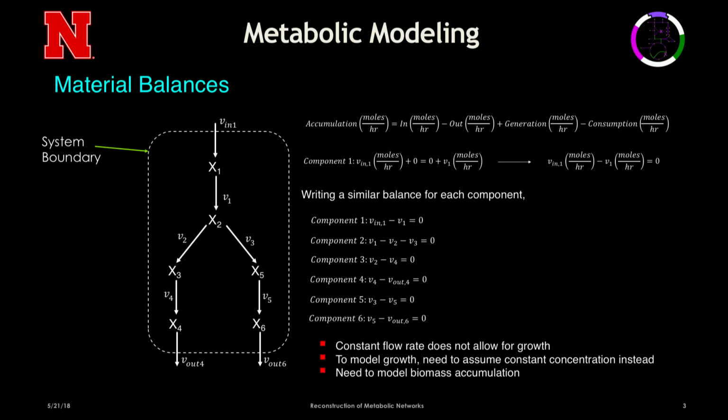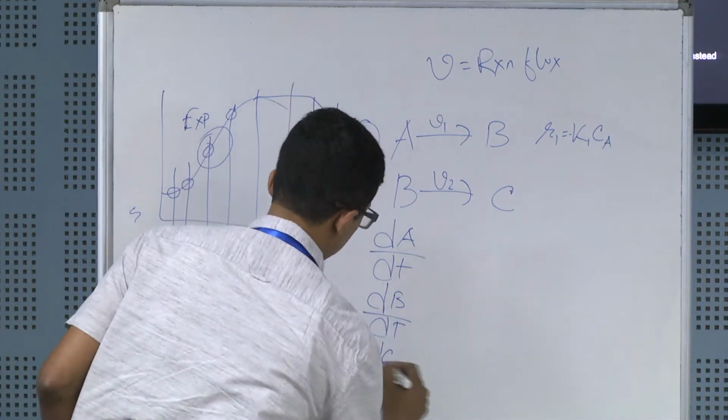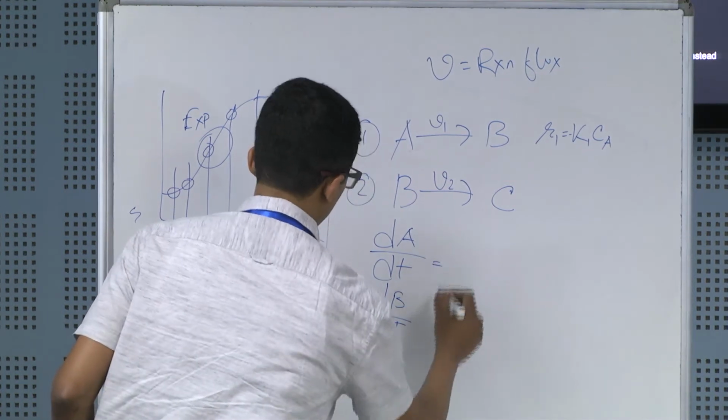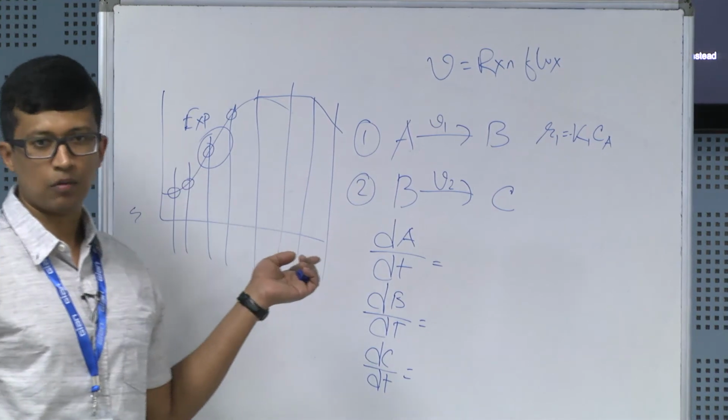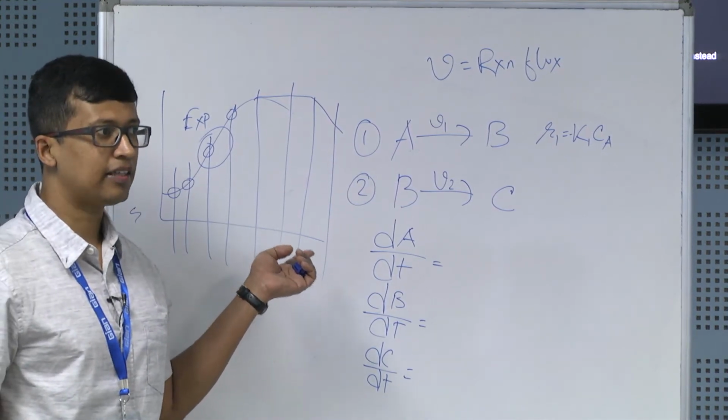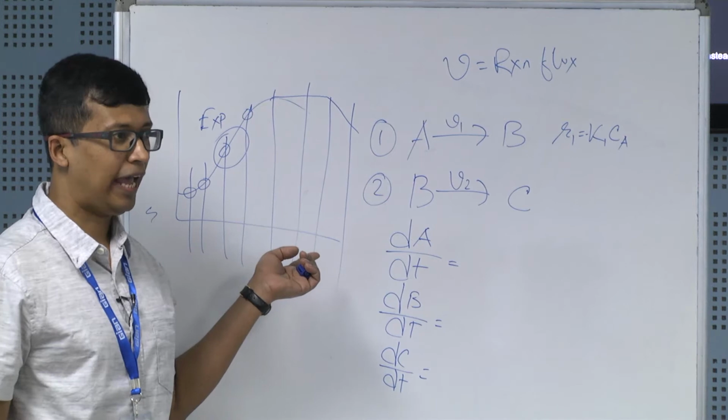So, what will be my dA over dt, dV over dt and dC over dt? What is dA over dt? What is the change? How can we write the equation for the change of A?